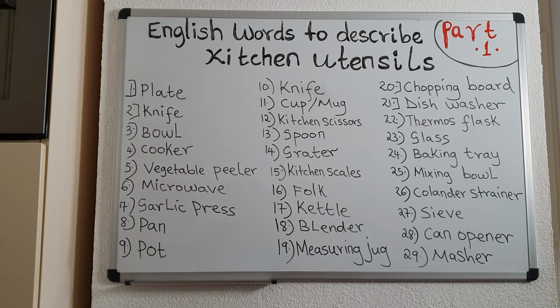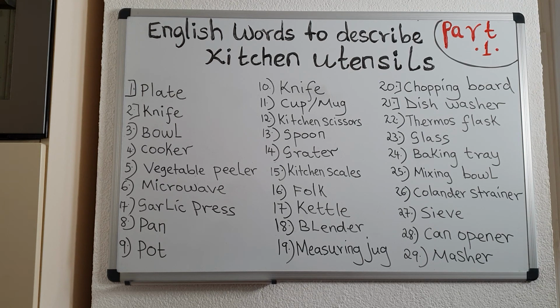A can opener. It helps you to open the can or the tin, okay? You use your can opener to open the can, and then you can pour whatever food product is in the can inside a glass or a bowl, okay, depending on what it is.